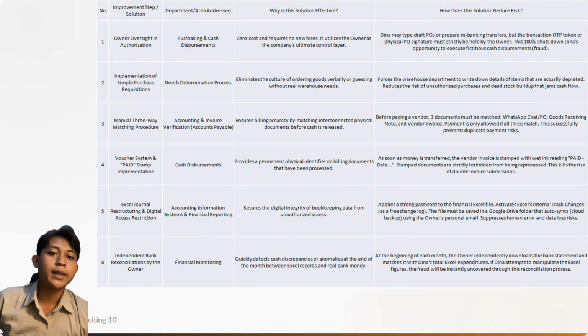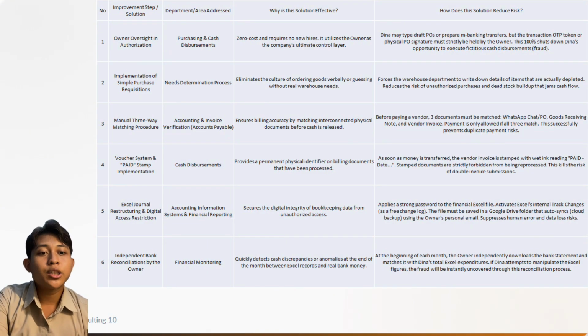The fifth one is Excel journal protection and digital access protection. Accounting information system and financial reporting should secure the digital integrity of bookkeeping data from unauthorized access. So they should apply a strong password to the financial Excel, and activate the Excel track changes as a free change log.